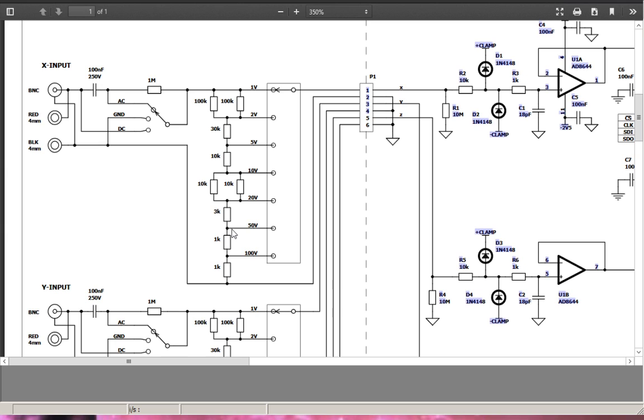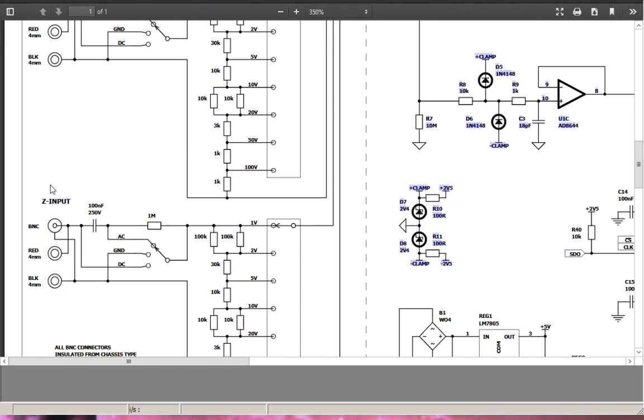What are these diodes? Those are resistors. X input, Y input, Z input.